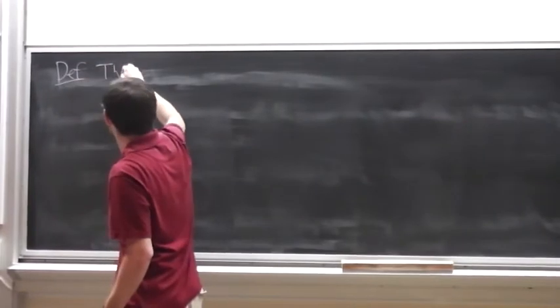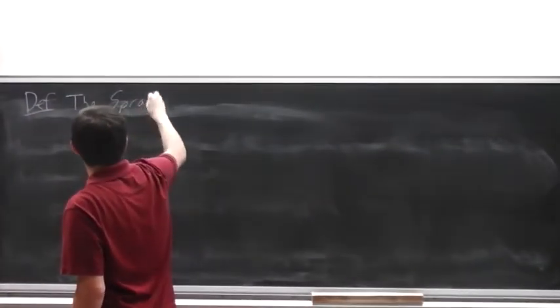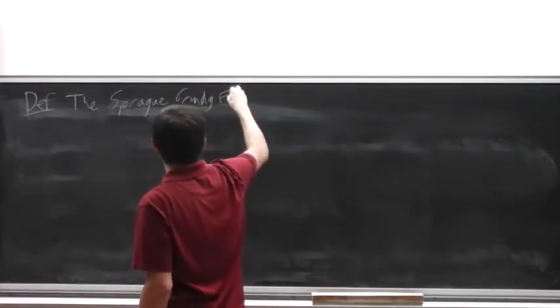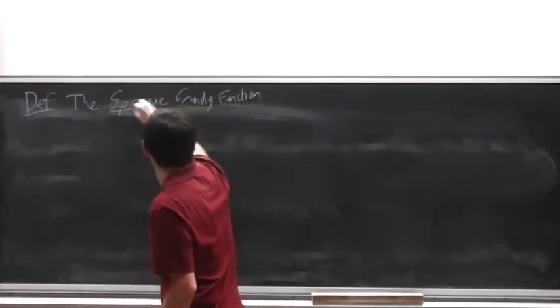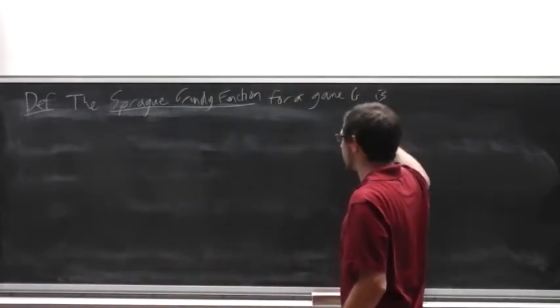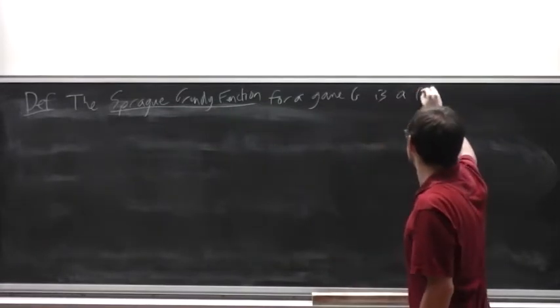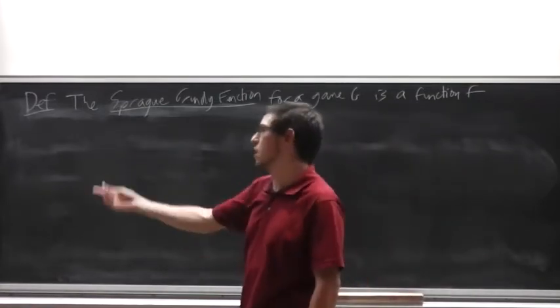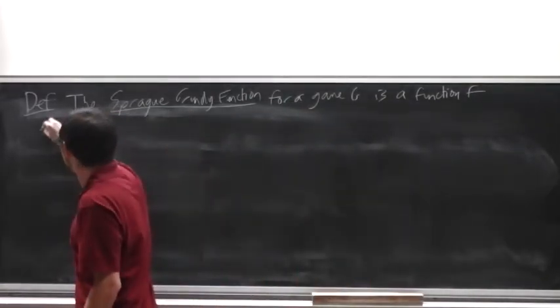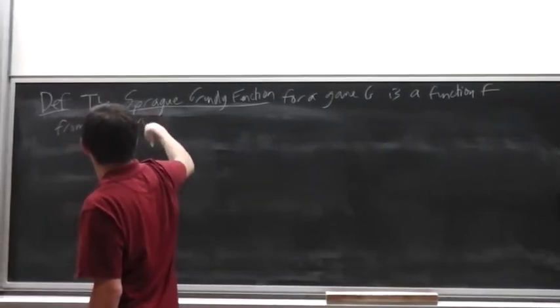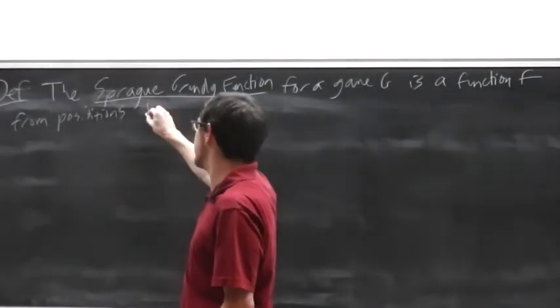So now we can define this function. It's a function f from positions, which are indexed by the non-negative integers, to the non-negative integers.